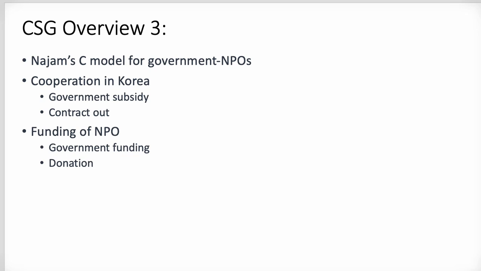And then we will discuss cooperation in Korea between government and NPOs, and that includes government subsidy and contract out. And then we will move on to discuss fundings of NPOs, and that includes government funding and donations.